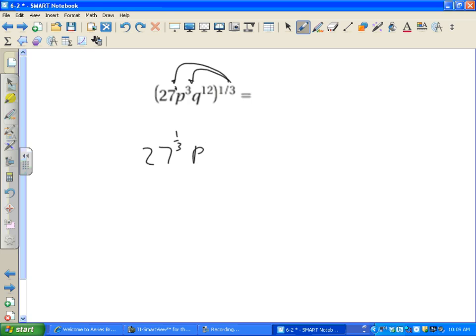That's going to be p cubed raised to the 1/3, or 3 over 1 times 1/3. And that's going to be q to the 12 over 1 raised to the 1/3. Remember, we distribute that in. You're going to see some things happening with fractional exponents.